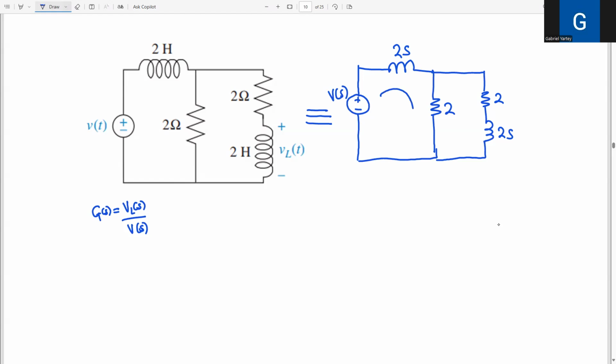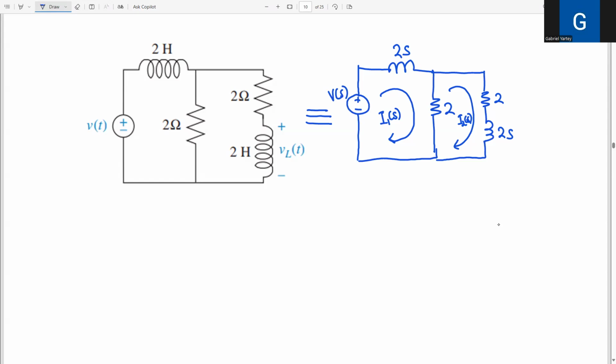So there's the first mesh here, I1 of S. There's a second mesh, I2 of S. Now I have 2 meshes here, right? So it means that I'm going to get a 2 by 2 matrix. Now, mind you, the output function is right here, so let's forget about that for now.